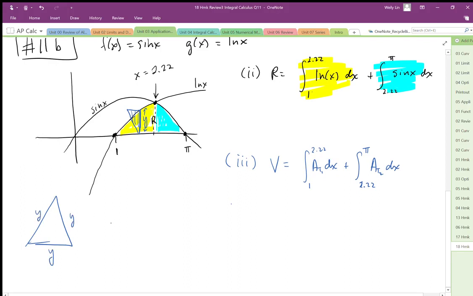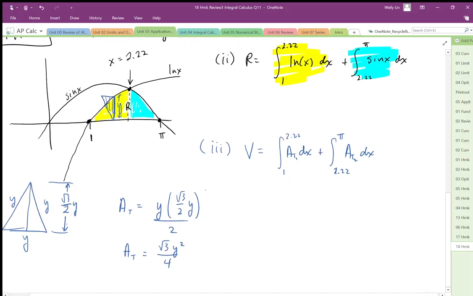To find the area of this triangle, we need to find the height. The height is going to be root 3 over 2 times y, using our special value triangles. So the area of that triangle is y times root 3 over 2 y, divided by 2, which simplifies to root 3 y squared over 4.